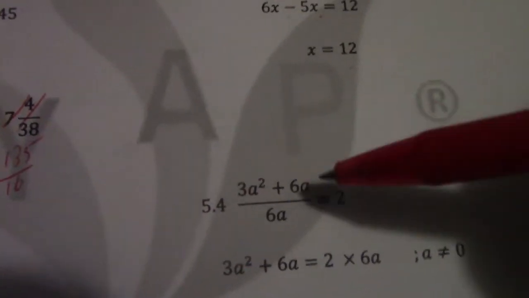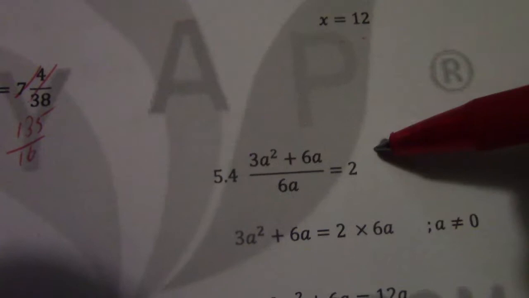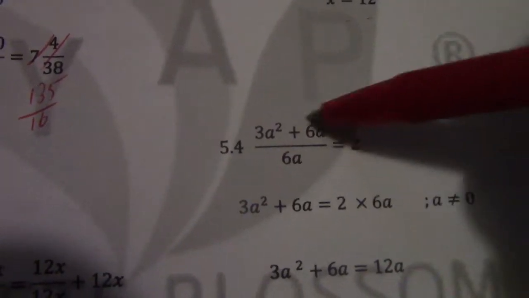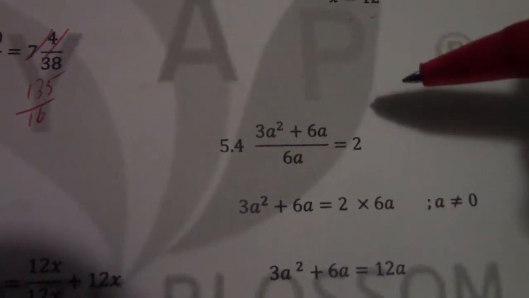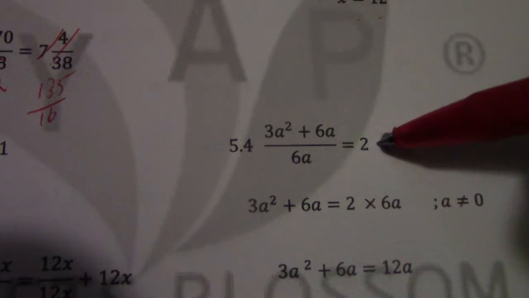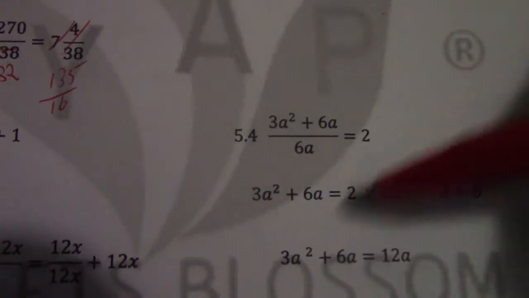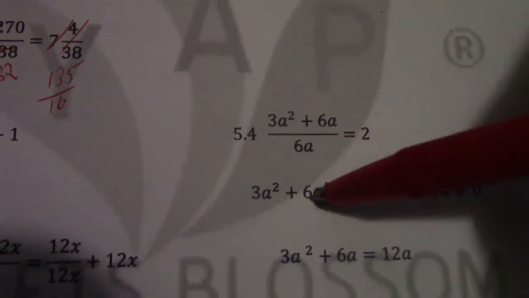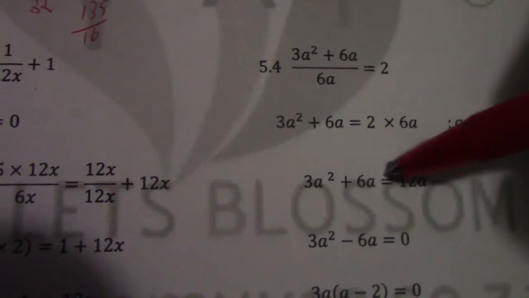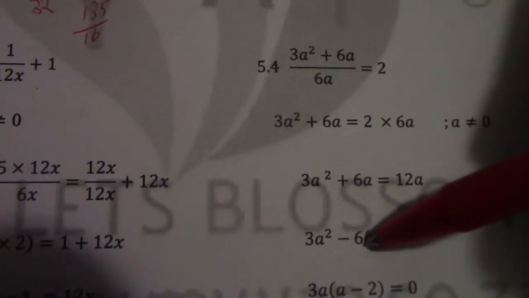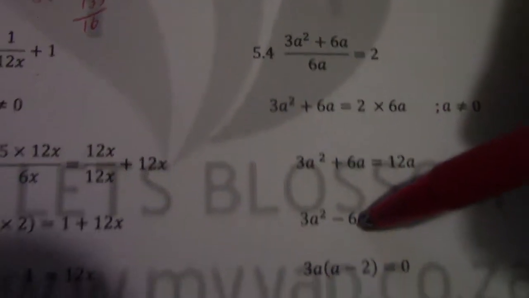Last but not least, 3a squared plus 6a over 6a equals 2. So here, we can just cross multiply. I have one term on one side of the equal sign, another term on the other side. So 6a times 2, and then it leaves behind 3a squared plus 6a. 2 times 6a is 12a, so I take 12a across: 6a minus 12a equals minus 6a.